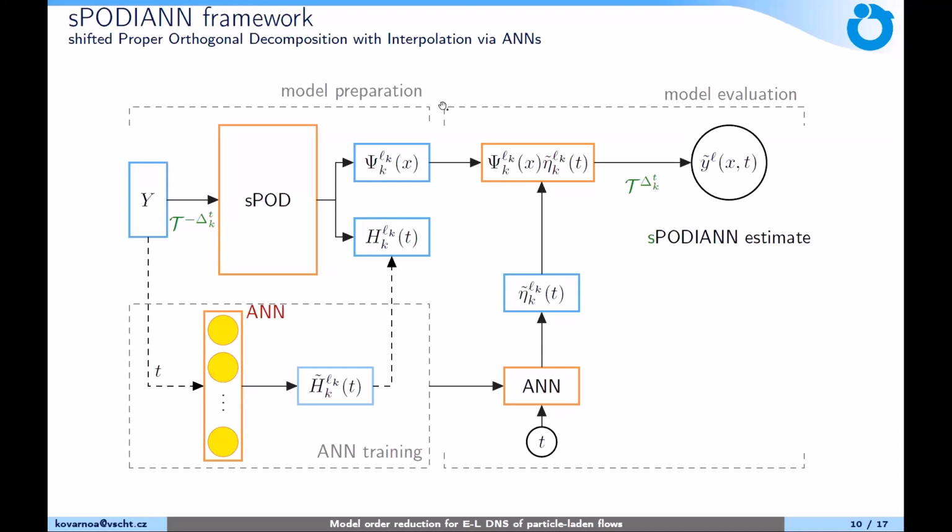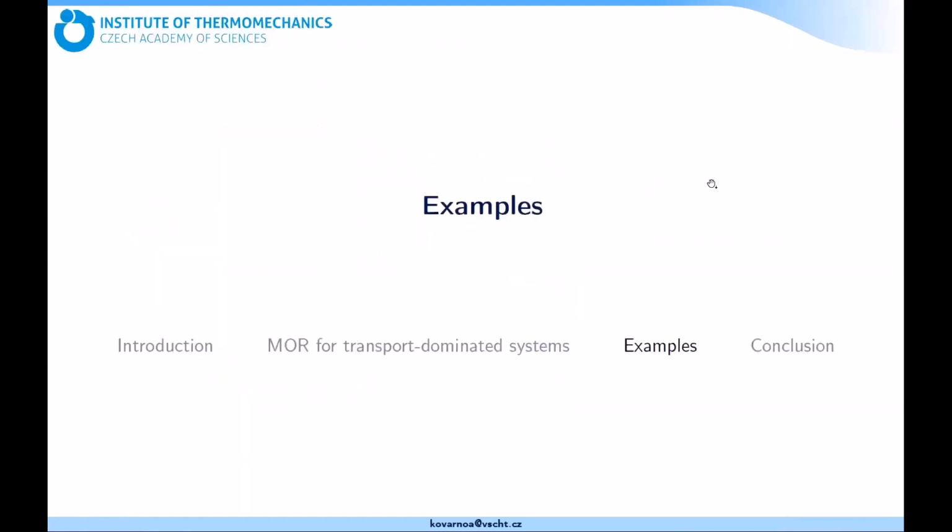This is done in the model preparation phase. In the model evaluation phase, we just multiply the matrices psi with the spatial modes by our time-continuous approximation of the amplitudes, then shift it back and add all the frames together to get an approximation of our original variable.